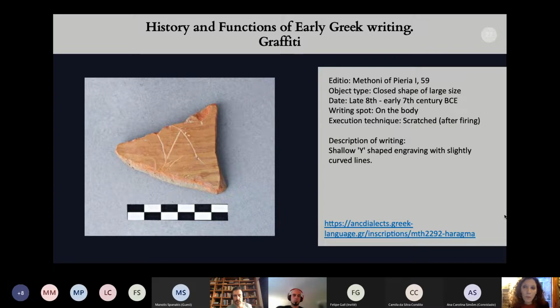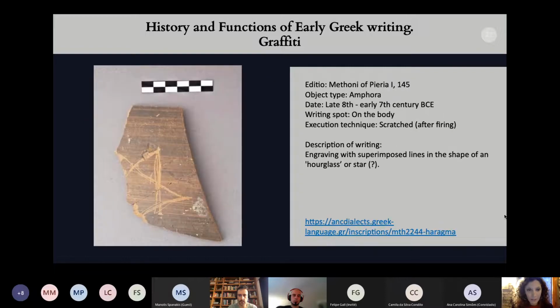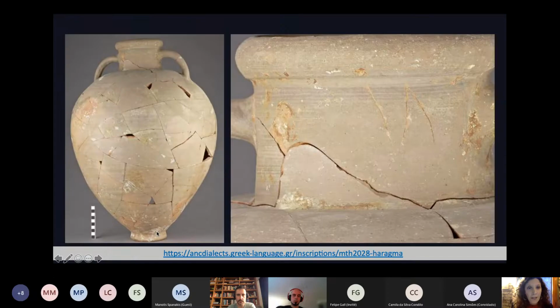And I want to point out that we are at late 8th, early 7th century BC. So we are near the early stages of writing. Then we have something that could be an hourglass, if you think that the sign finishes here, or maybe a very squared star if you think it continues here.